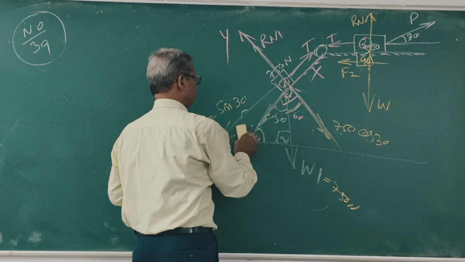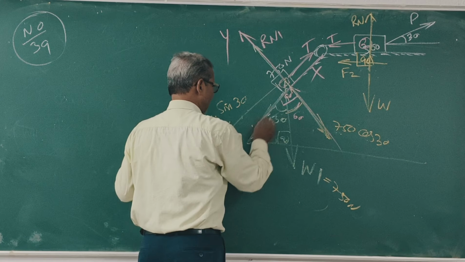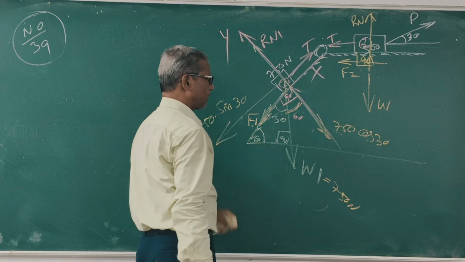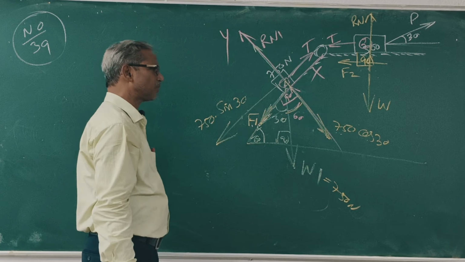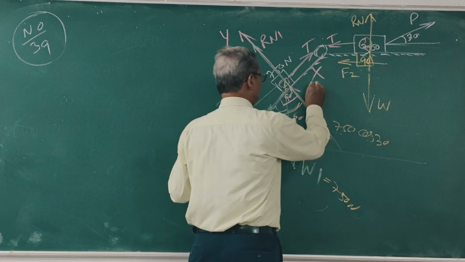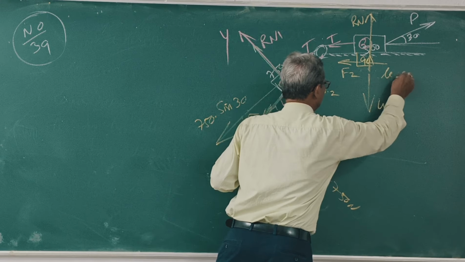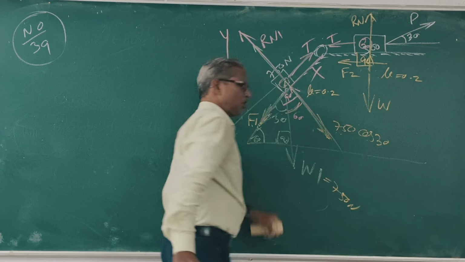Clear? This is F1. What is F1? Mu Rn1. Here mu is usually 0.2. Here also mu is 0.2. In both surfaces mu is the same.